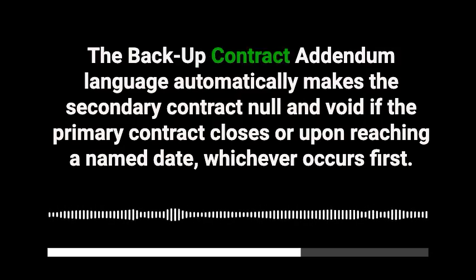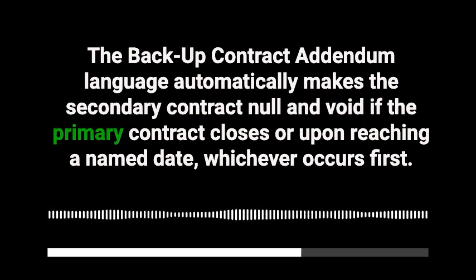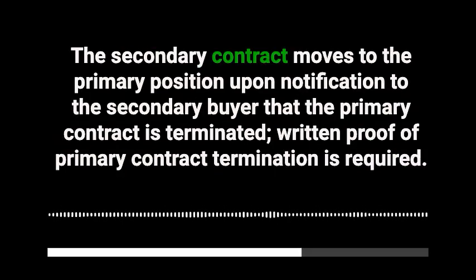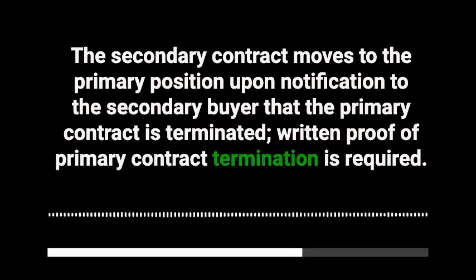The backup contract addendum language automatically makes the secondary contract null and void if the primary contract closes or upon reaching a named date, whichever occurs first. The secondary contract moves to the primary position upon notification to the secondary buyer that the primary contract is terminated. Written proof of primary contract termination is required.